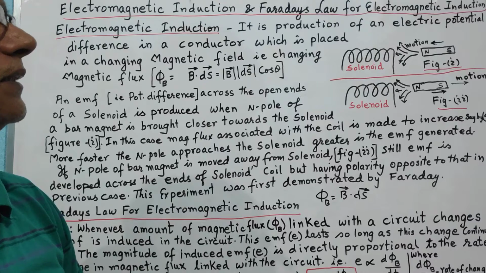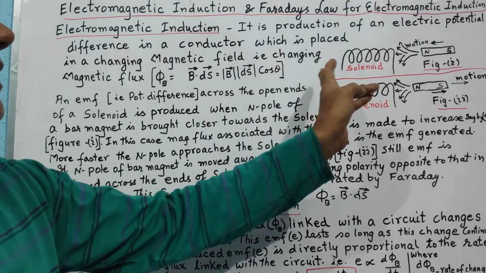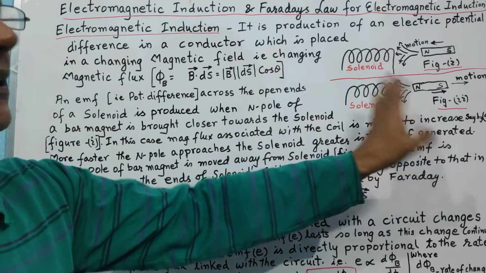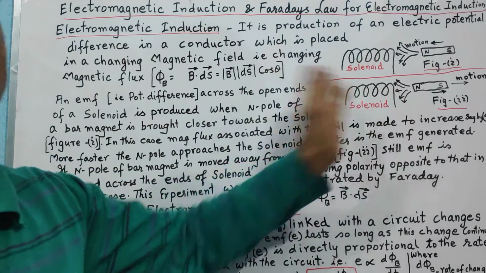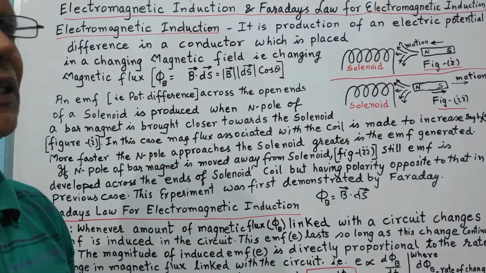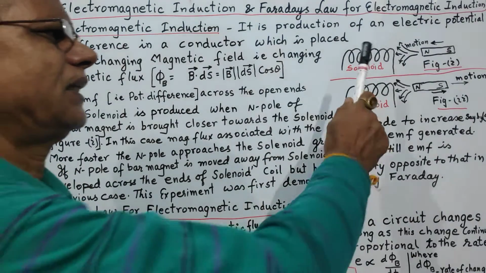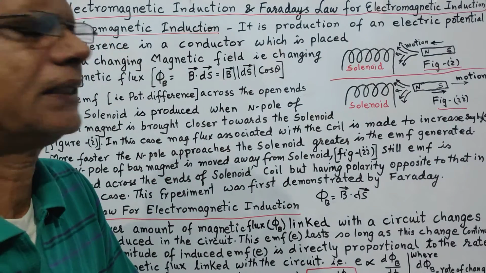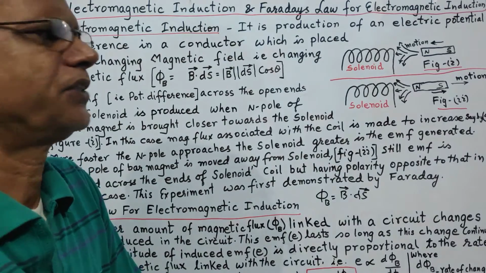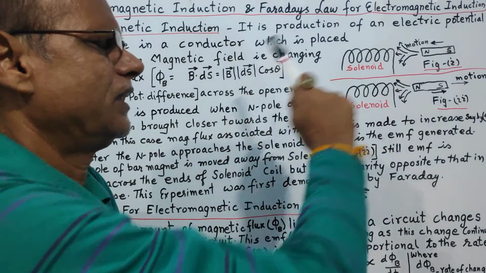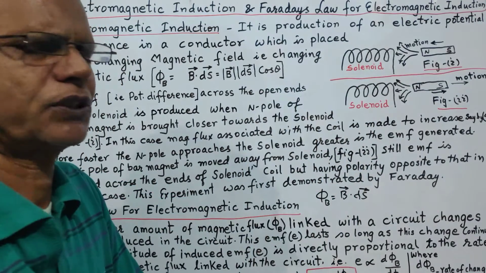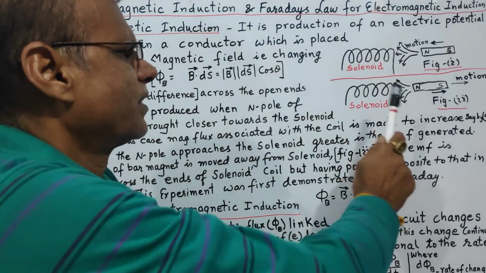In the first case, if EMF was generated in one direction, then in the second case EMF is generated in the reverse direction. One thing Faraday also noticed is that the faster the motion of the magnet, that is, the faster the change in magnetic flux, the higher the rate of change of magnetic flux, the greater the EMF induced.